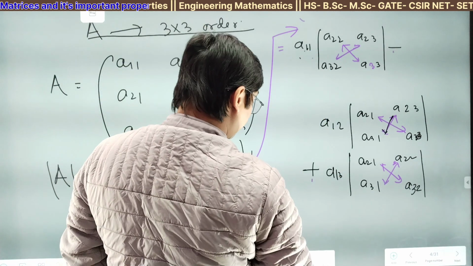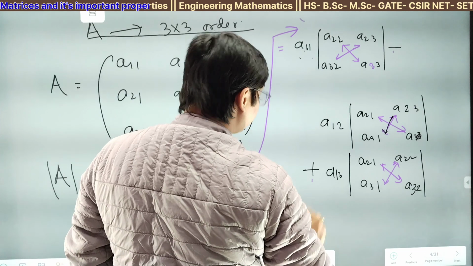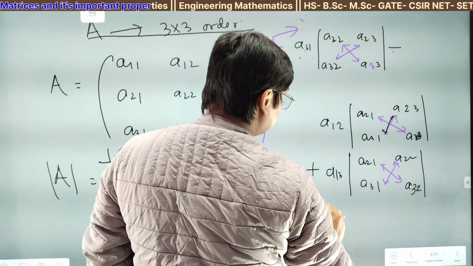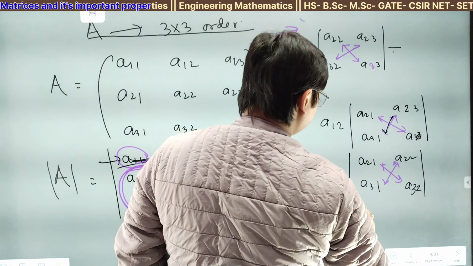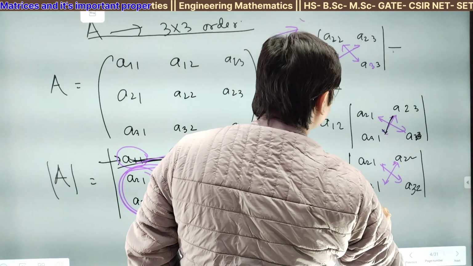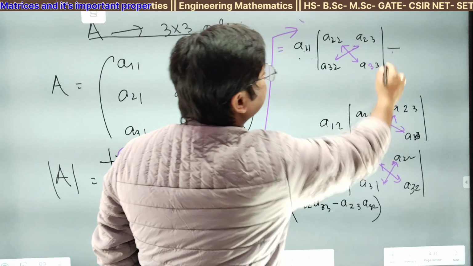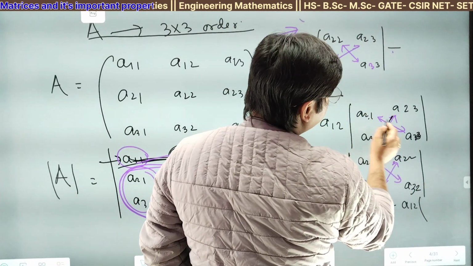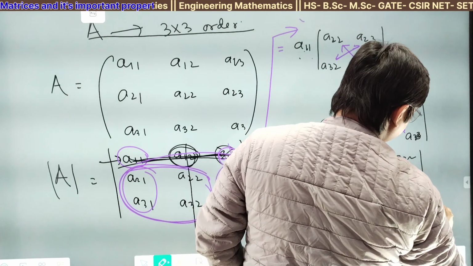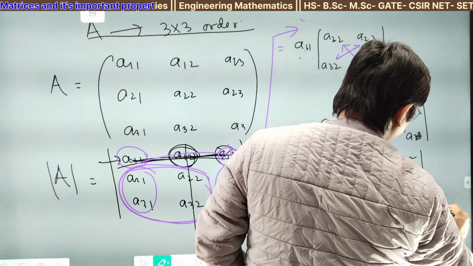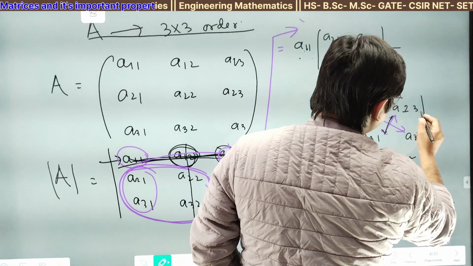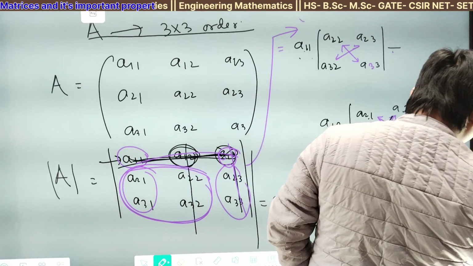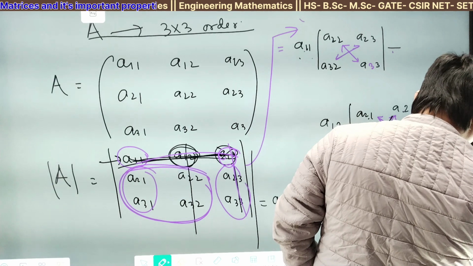You see A11 times this, which gives A22 A33 minus A23 A32. Yes, and then minus you put here A12 times A21 A33 minus A23 A31.